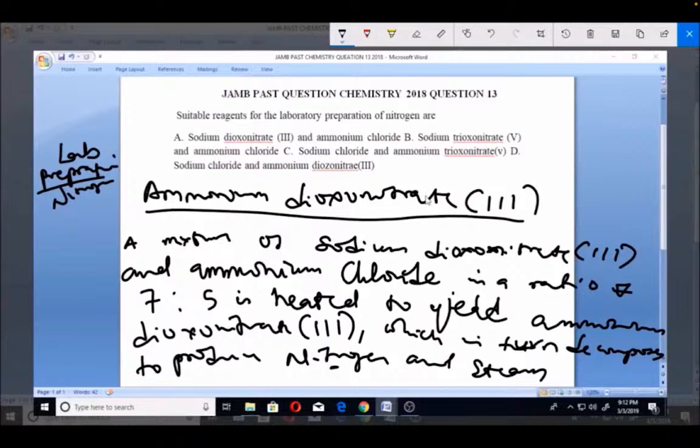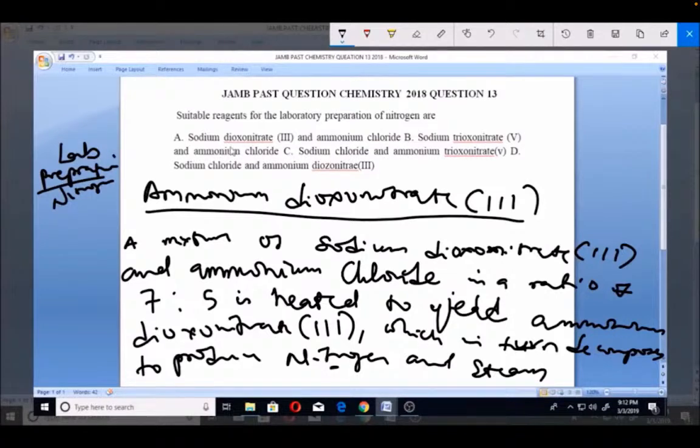But how does the nitrate 3 come to be? By having a mixture of sodium dioxonitrate 3 and ammonium chloride. So once you have this mixture, you produce ammonium dioxonitrate 3, which can easily decompose on heating to produce nitrogen.